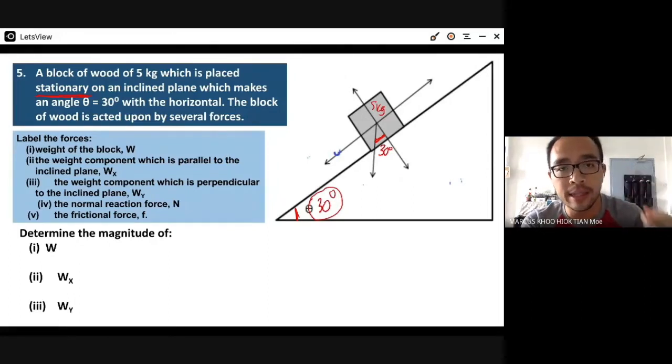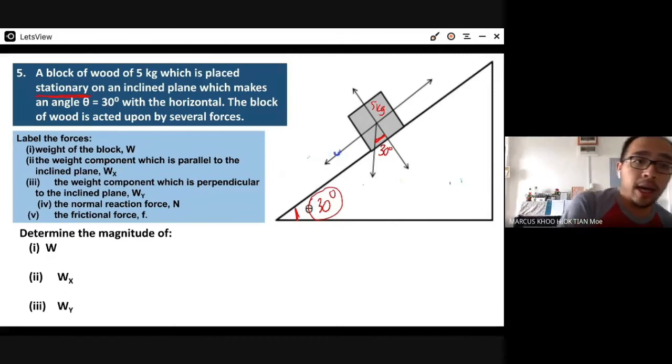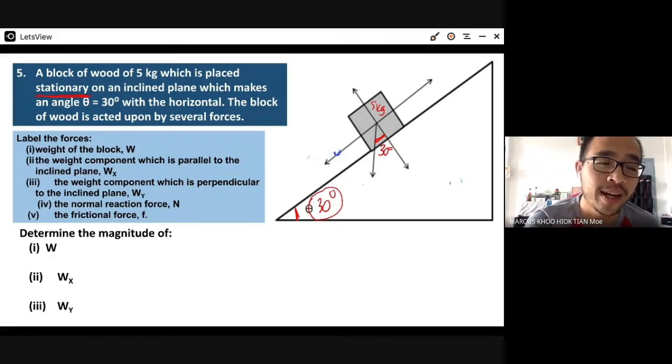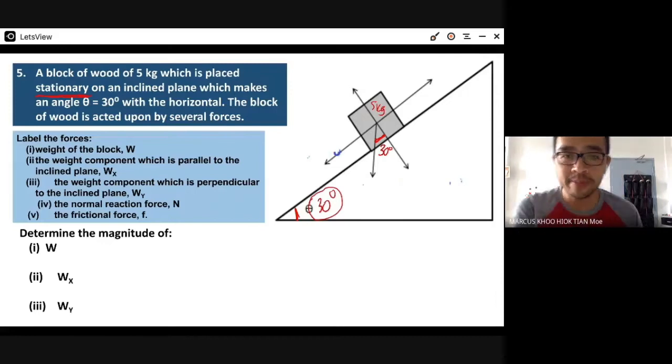Okay, let's label the forces. Tell me where is W, where is WX, and where is WY. Shim, since your name starts with S, you're special. Tell me where is W, where is WX, and where is WY.